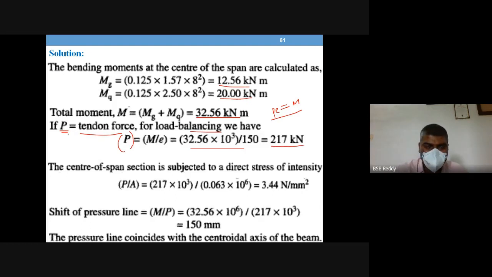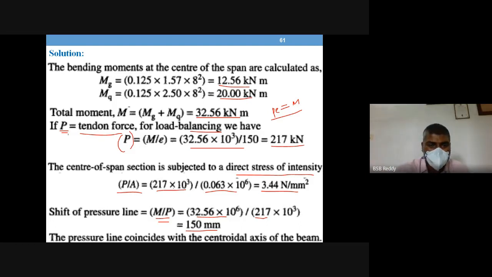Now to find the resultant stress, it is like P by A. Direct stress is 3.44, pre-stressing force divided by cross-section area. So M by P, if you see, A is equal to M by P. It is like bending moment divided by P value is giving out 150, which means pressure line is coinciding with the axis of the beam.